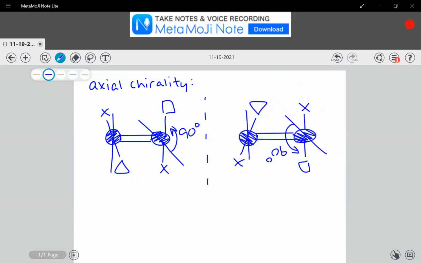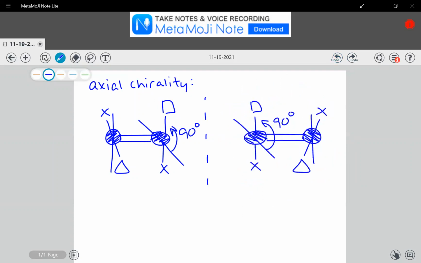Yeah, this one's now up and this one's sideways, but guess what? This is an X when it should be a square. They are now chiral. Flip them, they're not going to be the same.